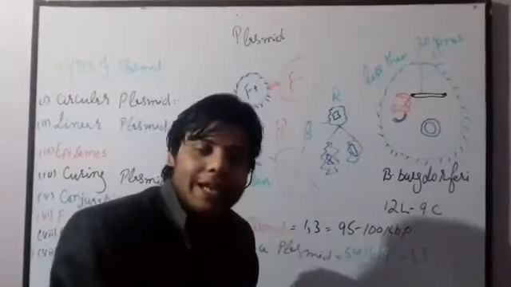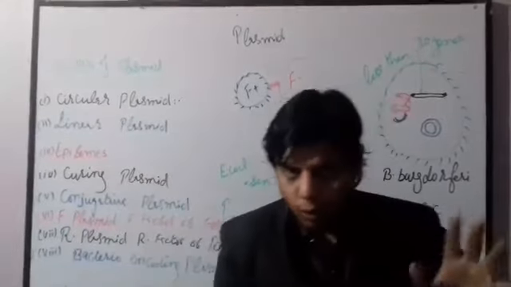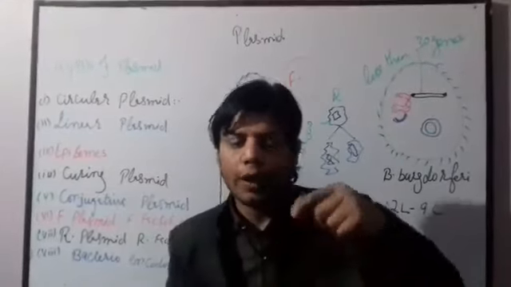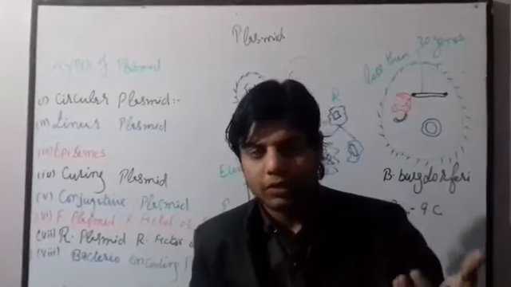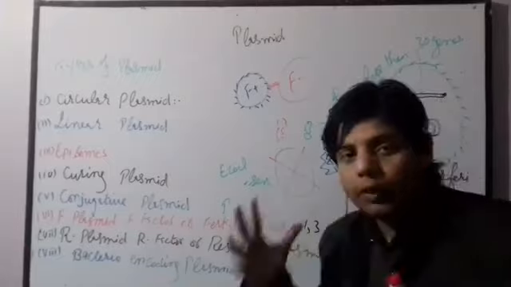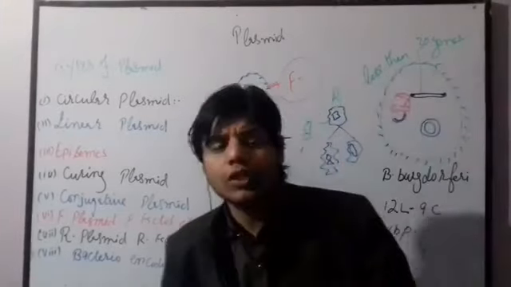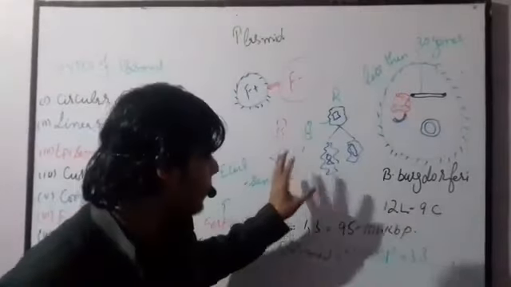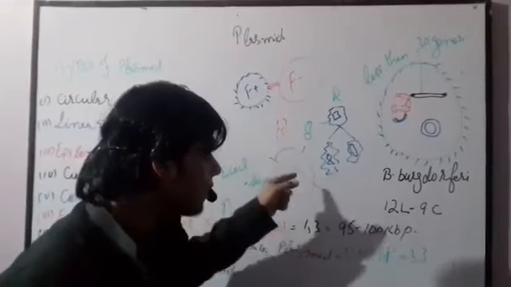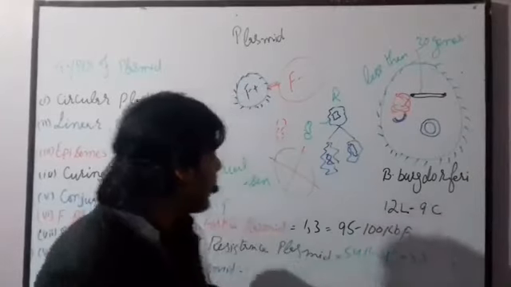Moreover, they can also weaken the peptidoglycan layer of the bacterial cells. Okay, if you don't know about the peptidoglycan, I already explained it, so just go back to my channel and watch it. Moreover, this bacteriocin not only kills the bacterial cell, they can also degrade the DNA and RNA.